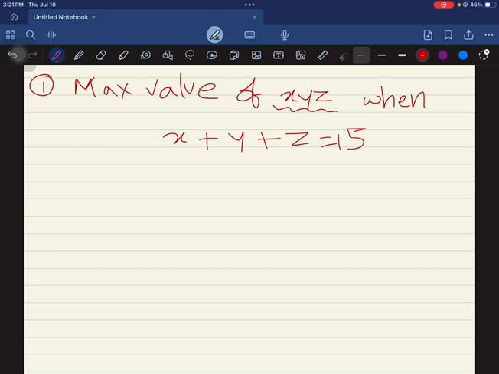So we have to find the maximum value of xyz when x plus y plus z is equal to 15. So step 1, we will write the given conditions.